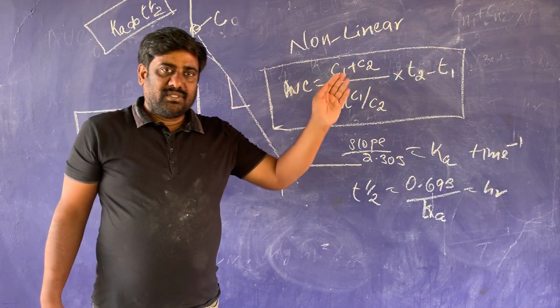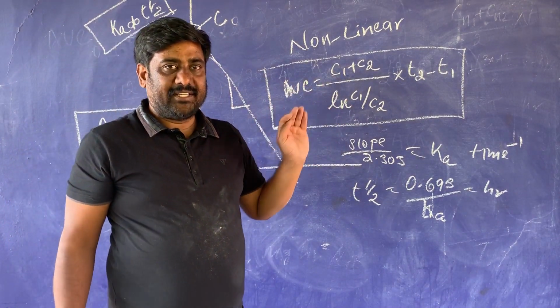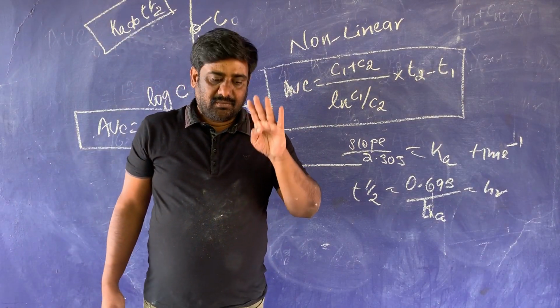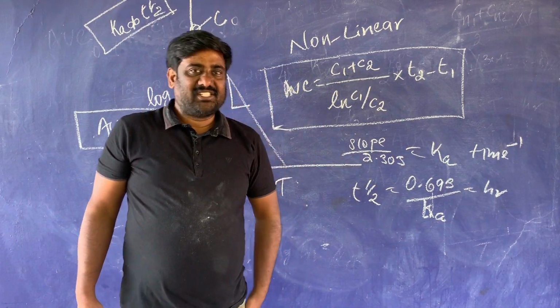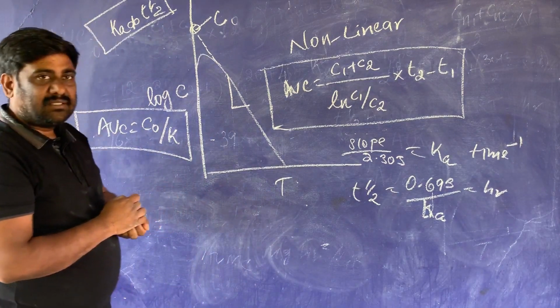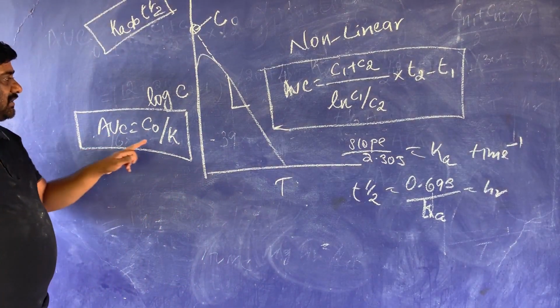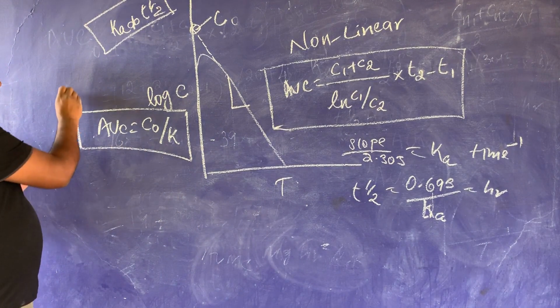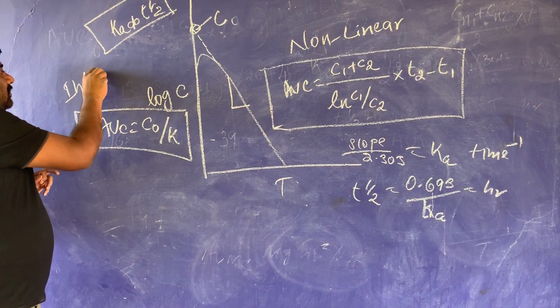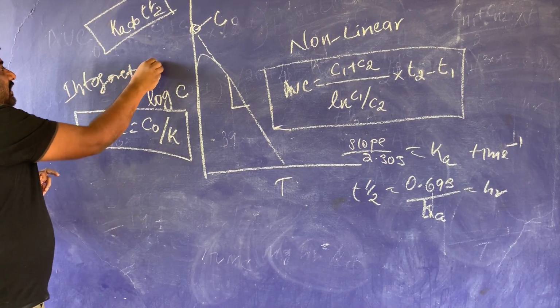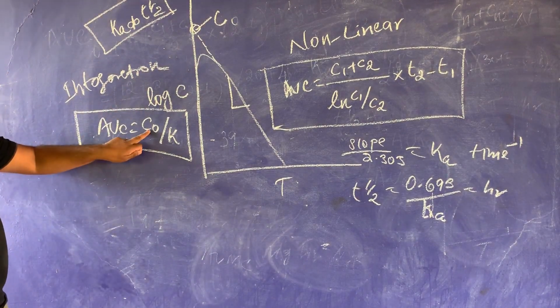Okay, in the previous slide I told you there are 4 methods. The fourth method is the integration method. AUC by the integration method is calculated using the formula C0 by K. So what is C0?